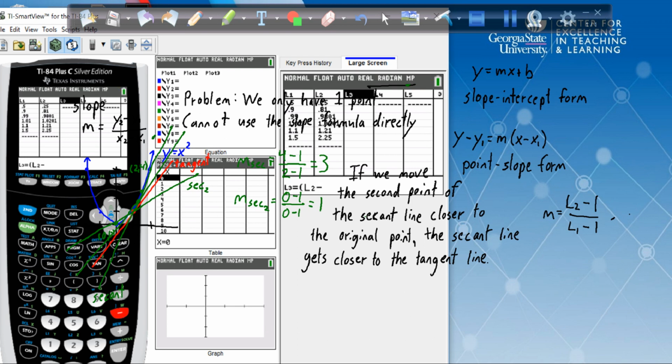L2 minus 1. Close parentheses, that's the numerator. Divided by parentheses. Second 1 gives me L1 minus 1, close parentheses. There's my slope formula, and when I press enter, these are all the slopes of the secant lines.